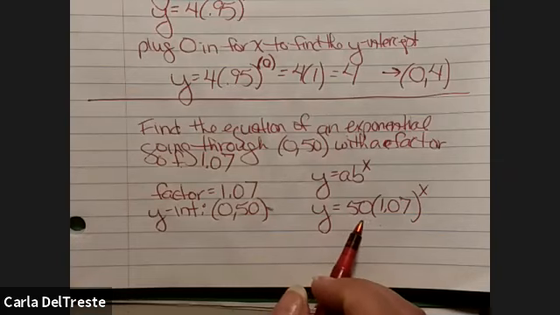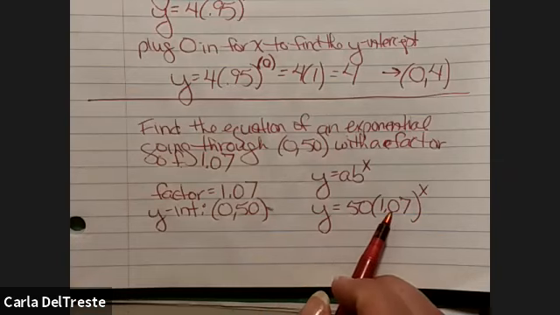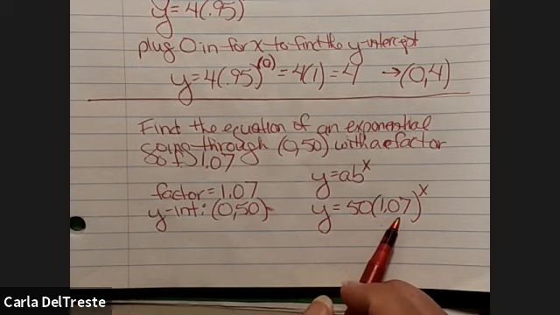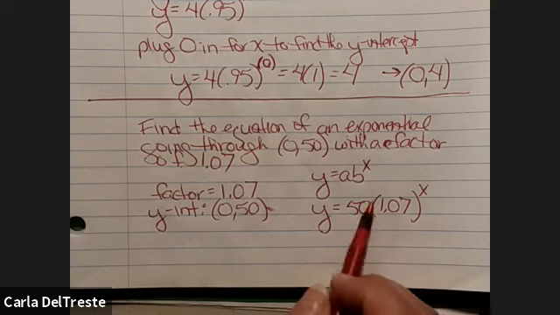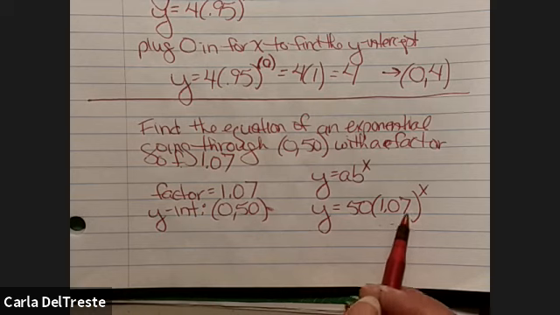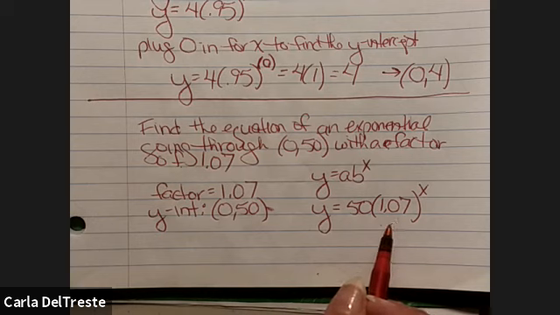Is this growth or decay? This is growth because we have 1.07 as a factor. What is the rate? Well, this means that I'm keeping 107%. If I take away the original 100, then I'm growing 7%. So I can figure out all the other important features.